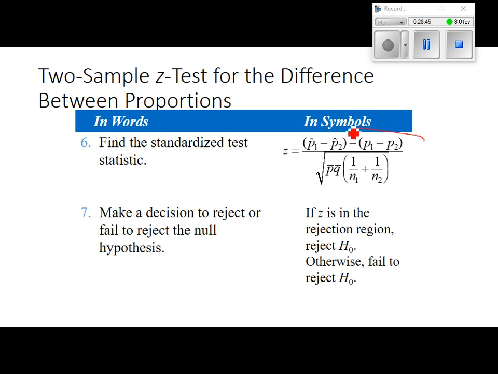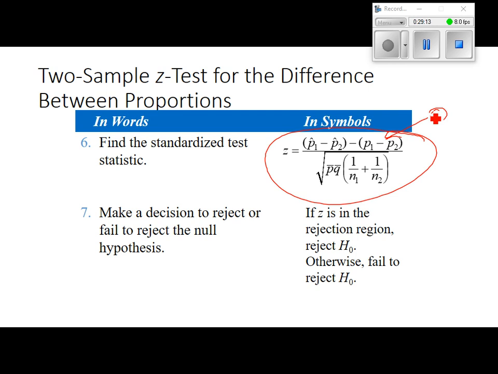This is the formula again. You can use a calculator. This is one I don't ever use a calculator for. This part right here, the second part again is going to be 0 every time. Do P hat 1 minus P hat 2. You might want to write this down somewhere.